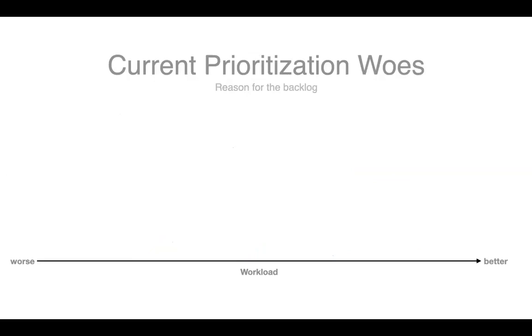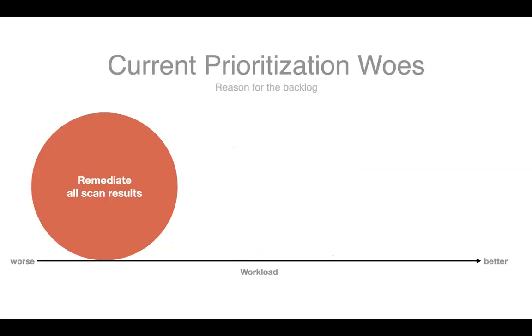So the current woes and the reason for the backlog is in line with that, right? We either have a choice of: we can remediate them all, which we all know is very, very difficult to do, almost impossible. We can focus on those critical ones, take the 7 and above or 5 and above or whatever you choose to do and focus on those.